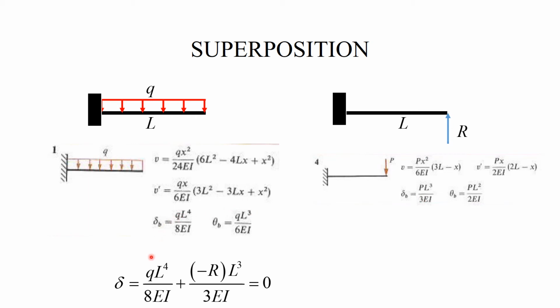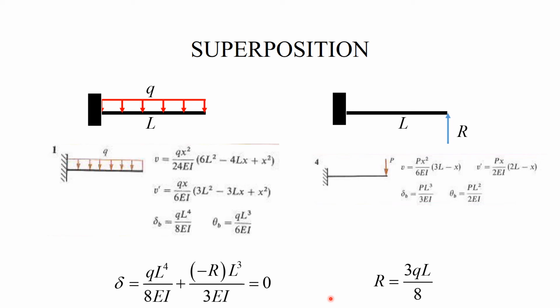This expression just directly migrates here, and in this expression I will replace P in the table with minus R, simply because the force R is upward and the force P is downward. That's the equation for R, and I can solve it immediately, and I obtain the answer that R is equal to 3qL over 8.